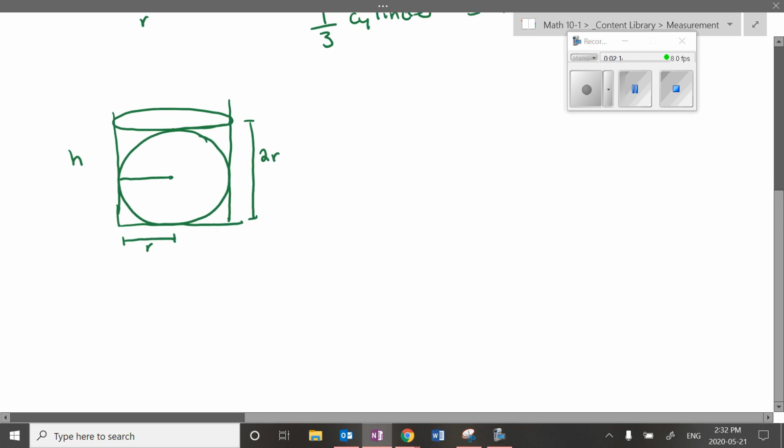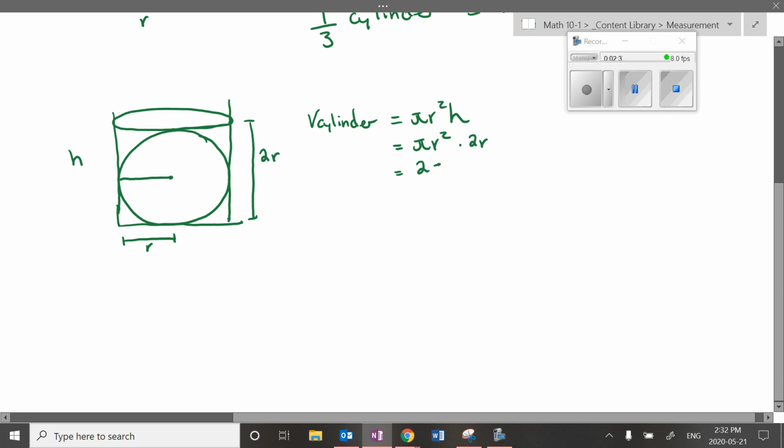So if we take the formula for volume of our cylinder, which is pi r squared h, instead of writing h, I'm going to write 2 radius.